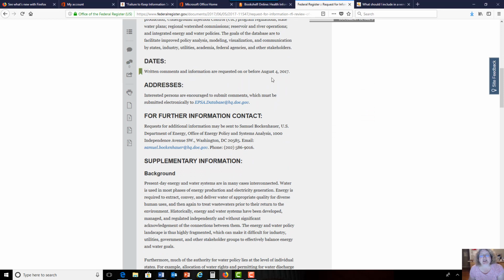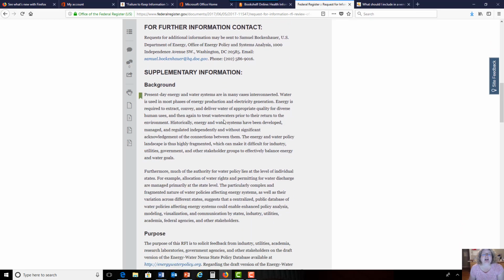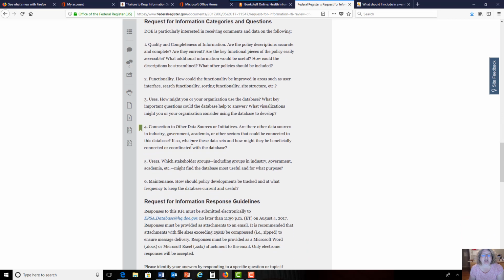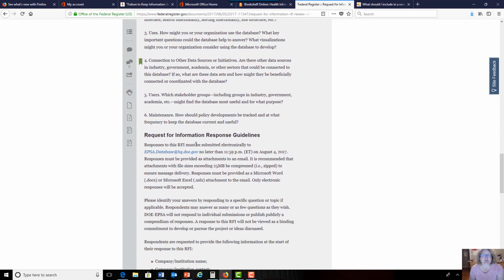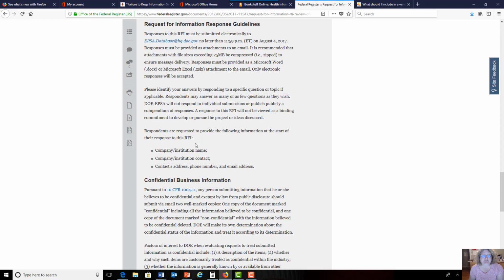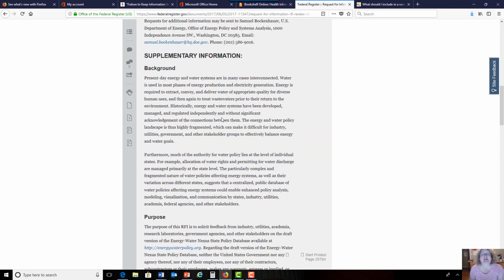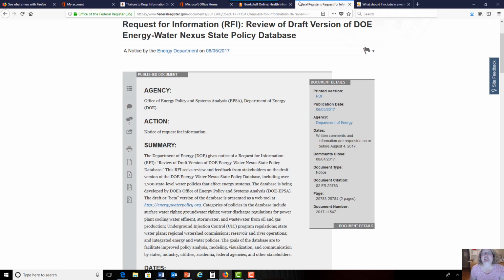And then you want to state very clearly when you need it, and then where people can send responses to, or if they have questions about the RFI before they respond, who do they talk to? Also, they'll give some background and the purpose and the information that they want. And this tells how to send it and so forth. So this is an example of an RFI.